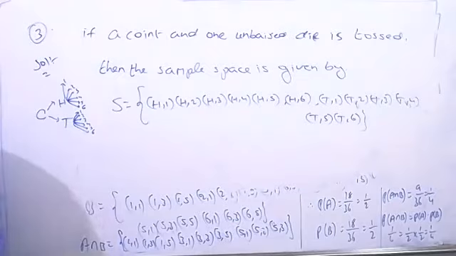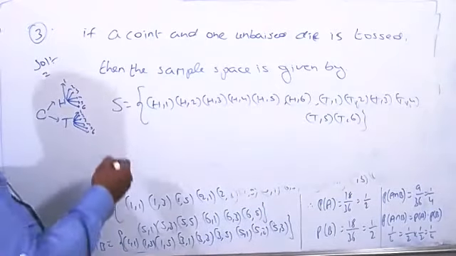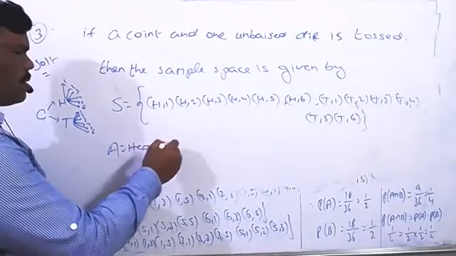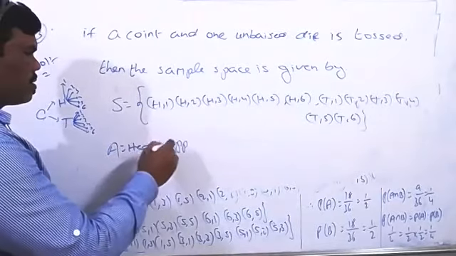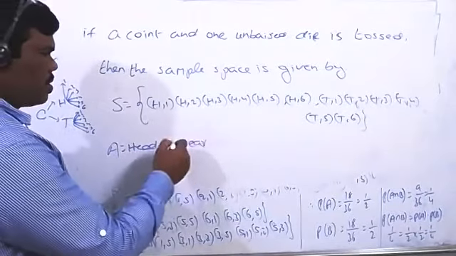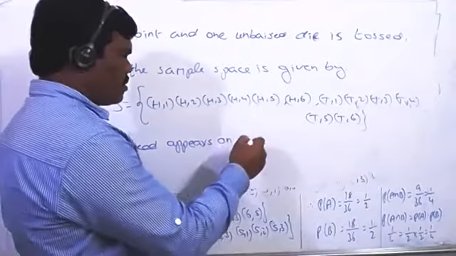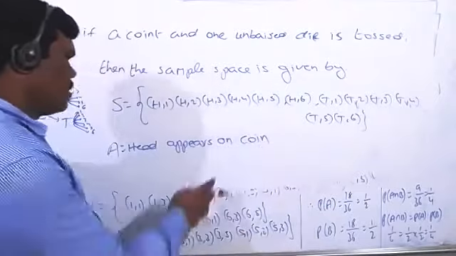Now based on that, we have to find what the conditions are. What is A? Head appears on the coin. So the event A equals head appears on the coin. Then what do you get?